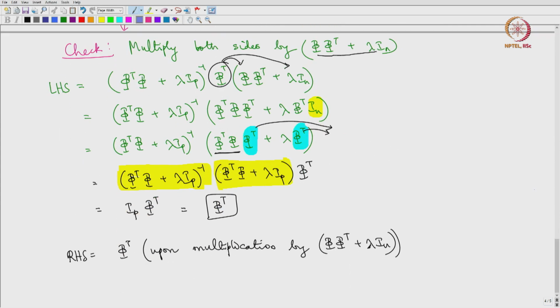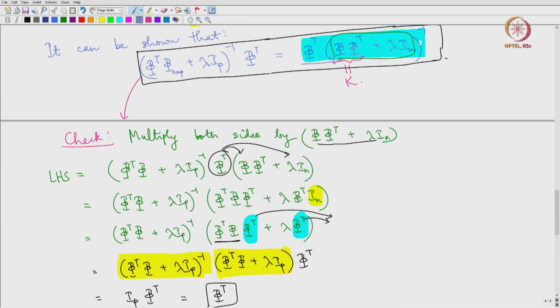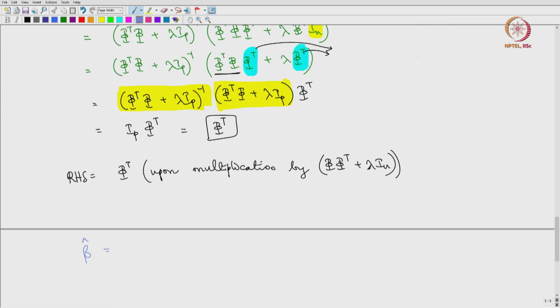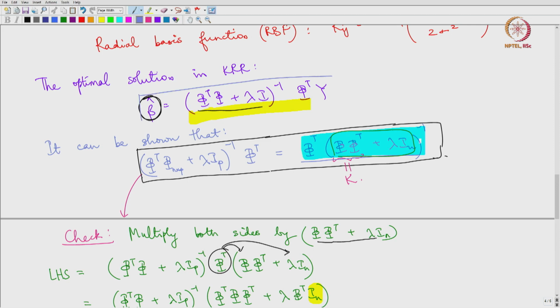So let us go ahead and see what happens when you do that. Thus the optimal set of parameters in kernel ridge regression becomes the following. So beta hat therefore becomes whatever was on the right hand side: phi transpose times (phi phi transpose plus lambda I n) inverse multiplied by y. So we have gone from this expression here, wherein we plugged this whole thing to be this here.